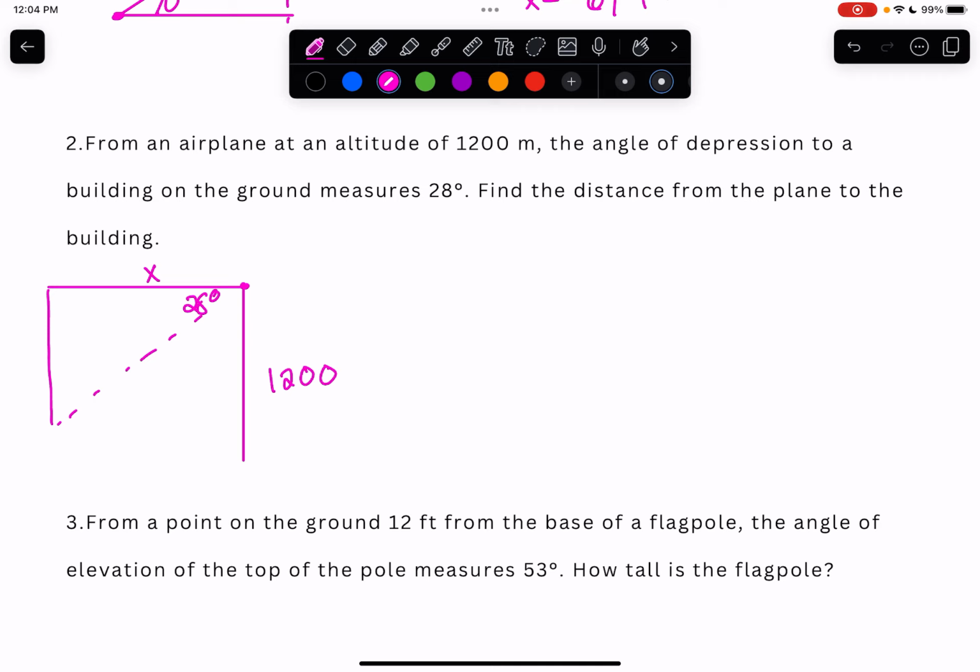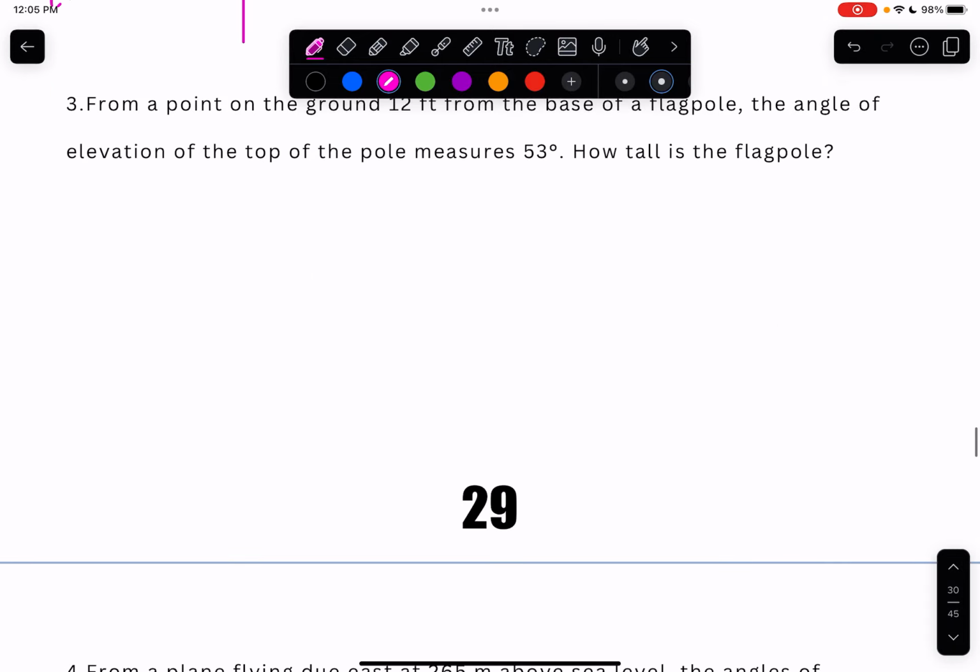I don't think we can solve this one. Yeah, just skip this one. There's not enough information about the building in order to solve it.